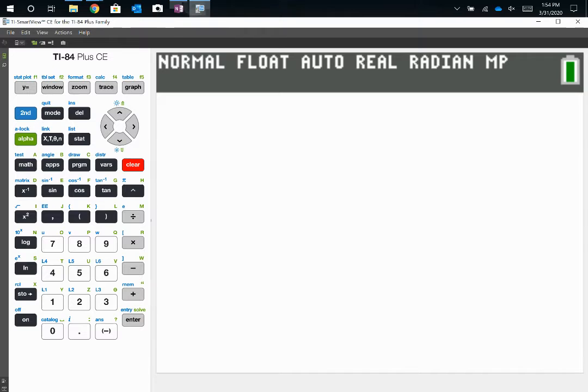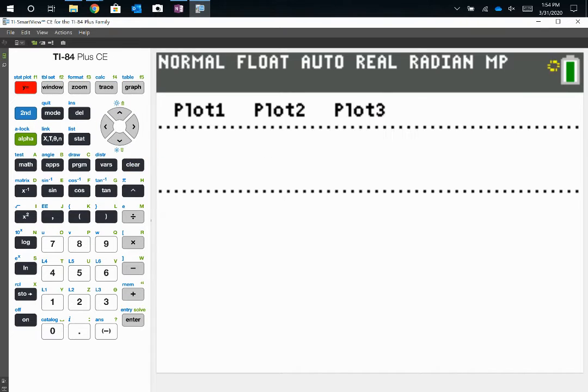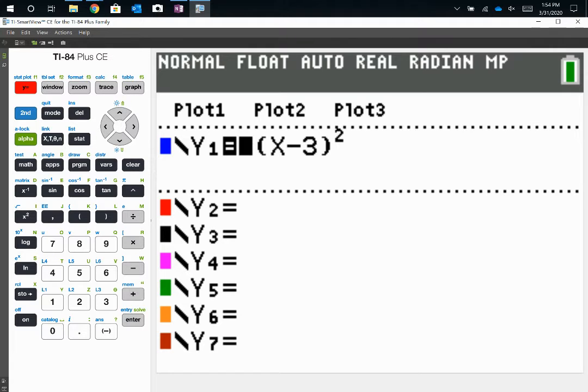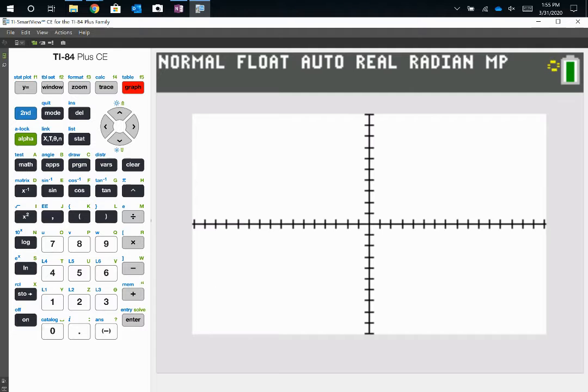So what I'm going to do to find the vertex here is to graph this function. 1/4 x squared minus x plus 5, and graph it. Then we're going to ask the calculator to find the vertex.